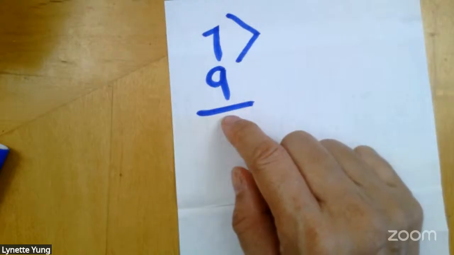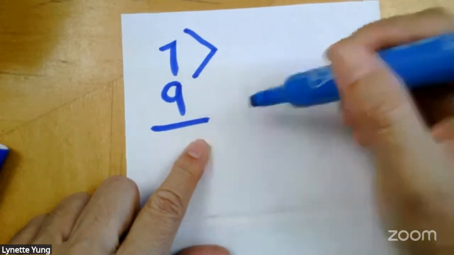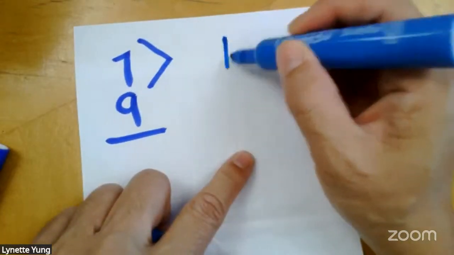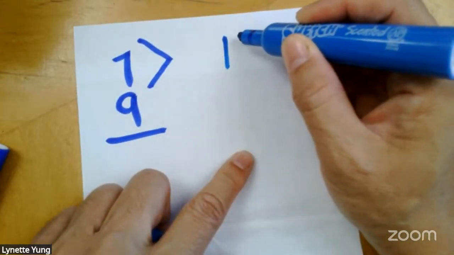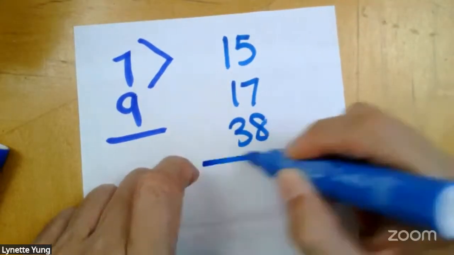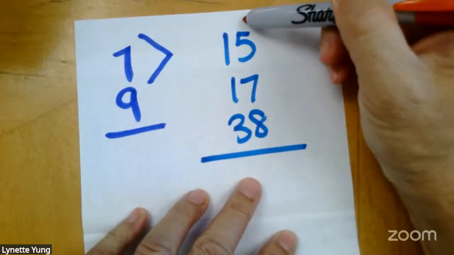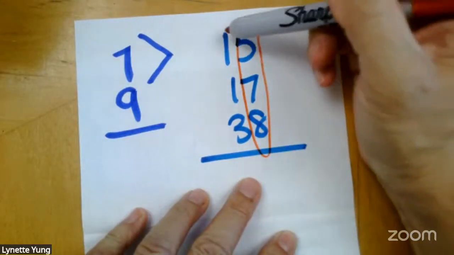So here's another thing. I don't know when mainstream math will make that connection. If I had a bunch of numbers like this, 15, 17, 38, what do they do? I don't know what they do now, but back in the day, we were told to take all of this at once, right?